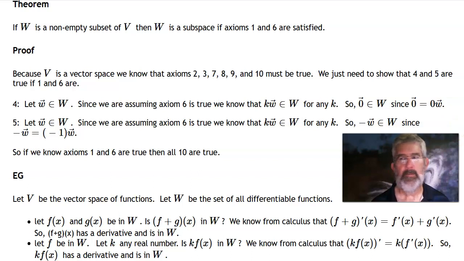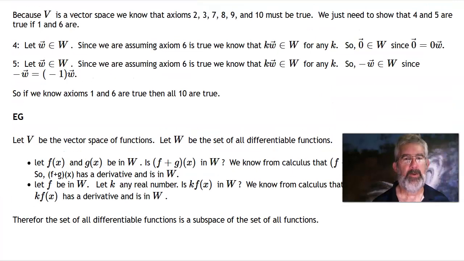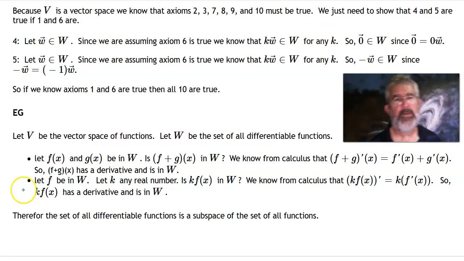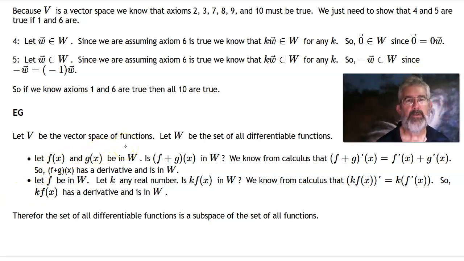Now, let's do one more example here of a vector space or subspace. Let V be the vector space of functions, and W be the set of all differentiable functions, so functions that have derivatives.